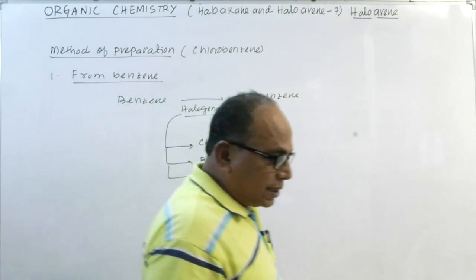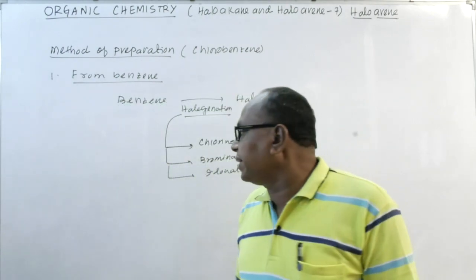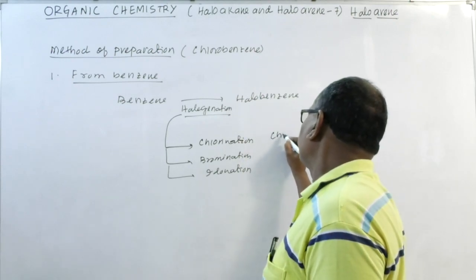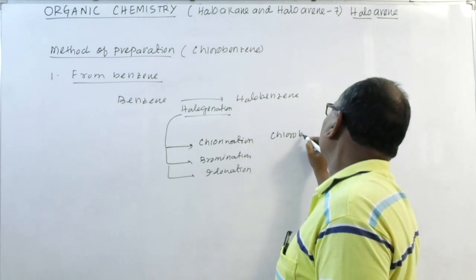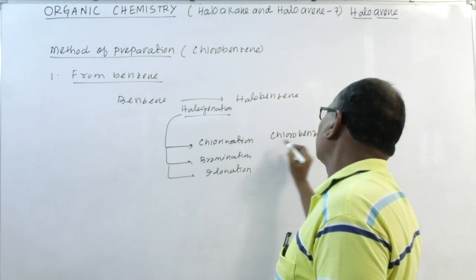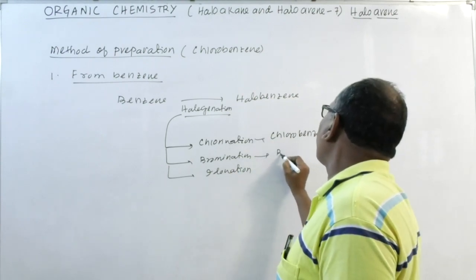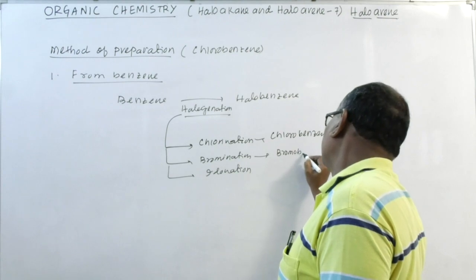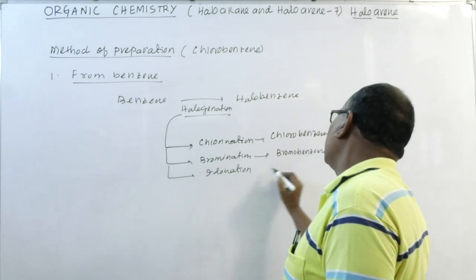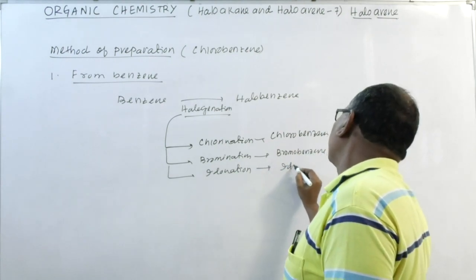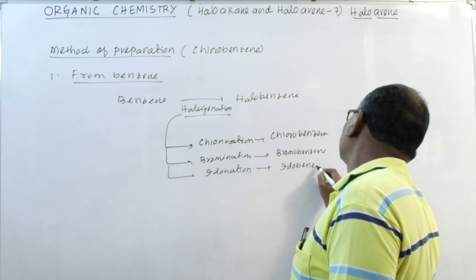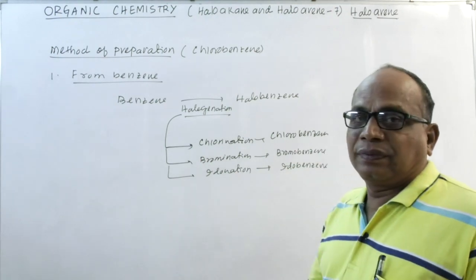That is, chlorination means you can prepare chlorobenzene, and by bromination you can prepare bromobenzene, and by iodination you can prepare iodobenzene.